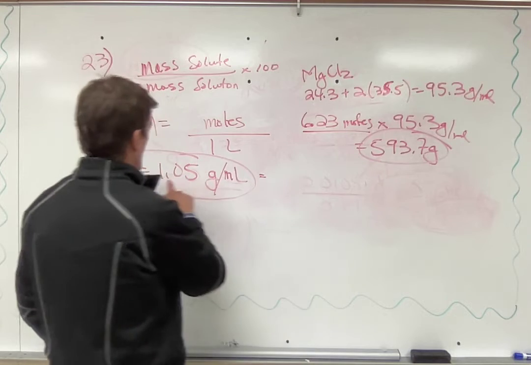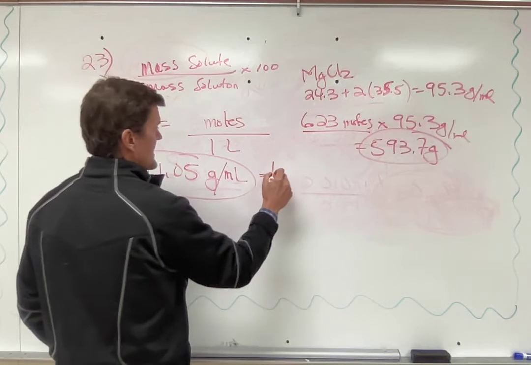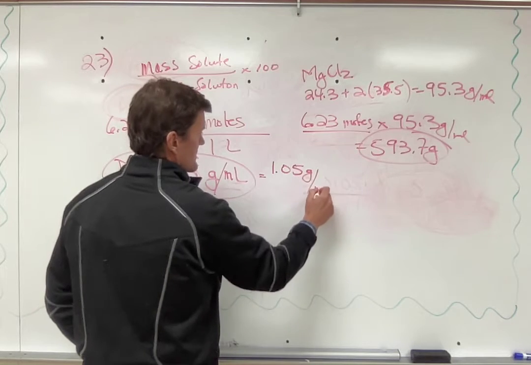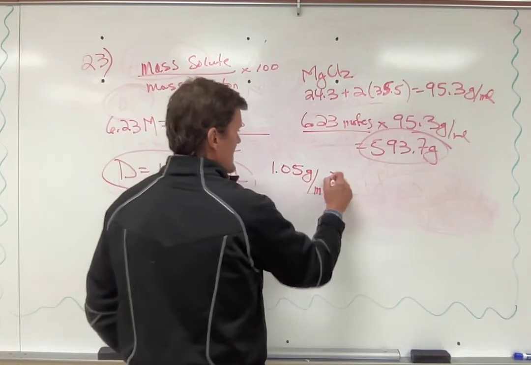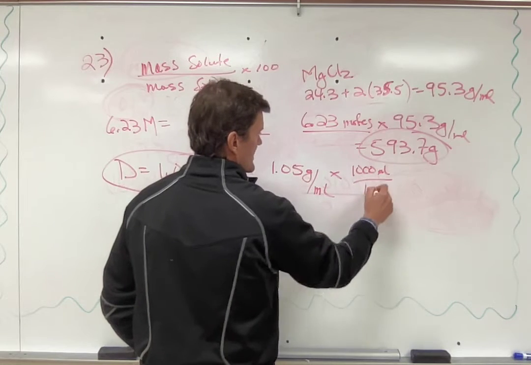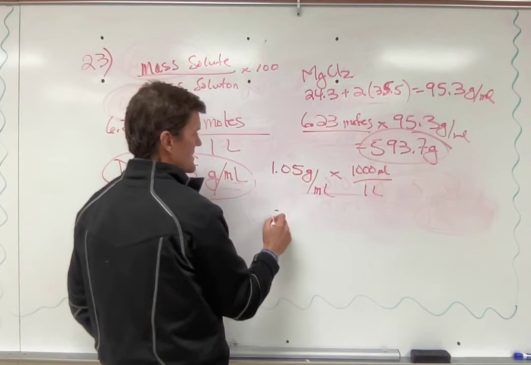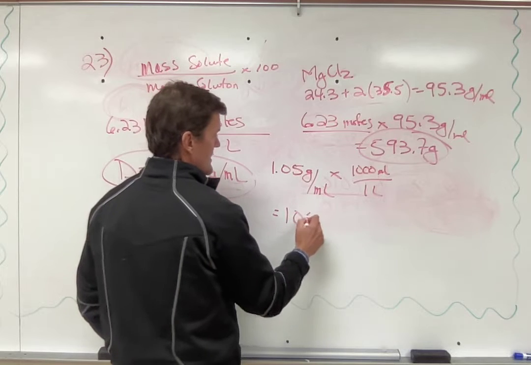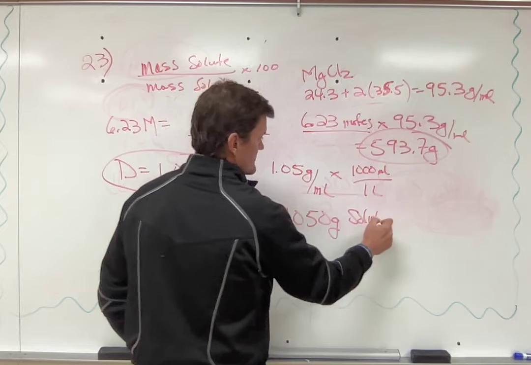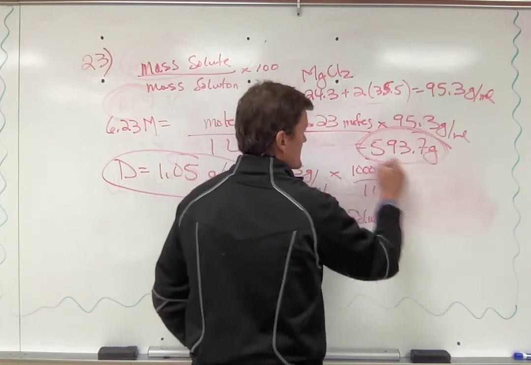So I need 1.05 grams per milliliter, and then times 1,000 milliliters per liter. That's going to give me 1,050 grams. This is for the entire solution. This is for the solute.